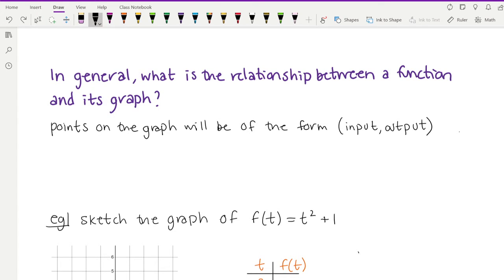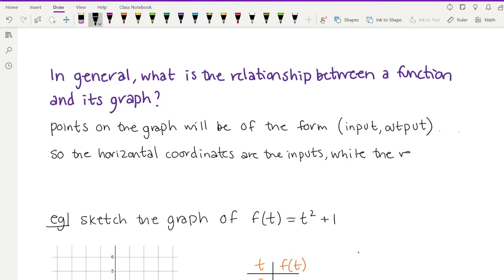So points on the graph of any function will be of the form input, comma, output. In other words, the horizontal coordinates are the inputs, while the vertical coordinates, what you might think of as the y coordinates, are the outputs.